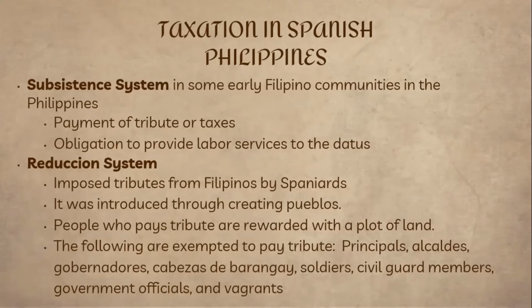The arrival of the Spaniards made a difference to the subsistence system because they charged the payment of tributos from the Filipinos, similar to what had been practiced in all colonies in America.